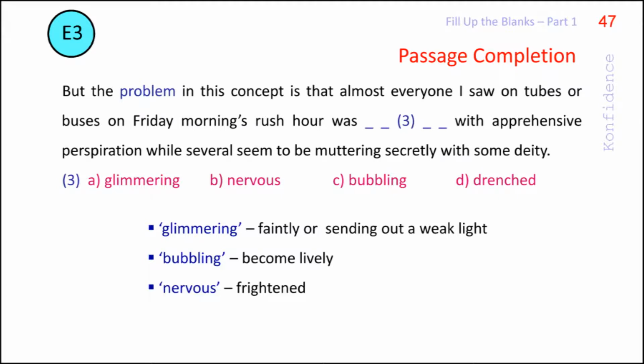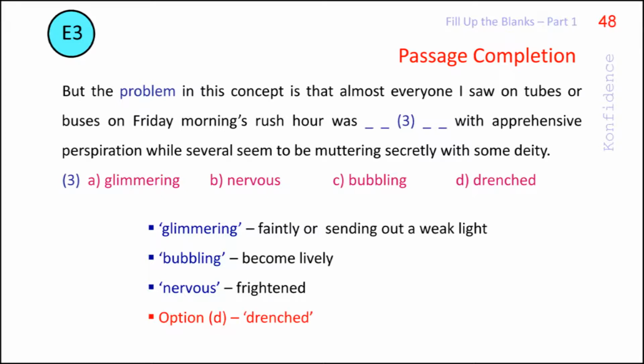Option B, nervous means frightened. This word is also inappropriate because apprehensive means fearful or frightened. So to say, nervous with apprehensive perspiration is incorrect because of the repetition. Both nervous and apprehensive mean almost the same.